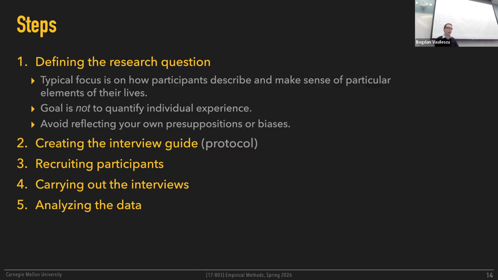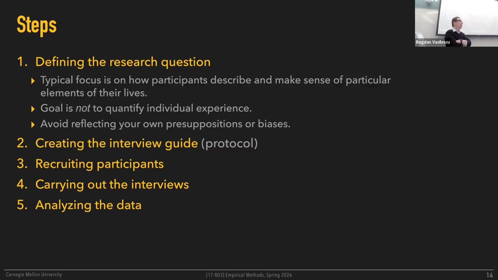Well, like with everything else, you start from research questions, which we have discussed already. Usually the questions are exploratory. You're trying to make sense of something, how people think about something, how people do something.